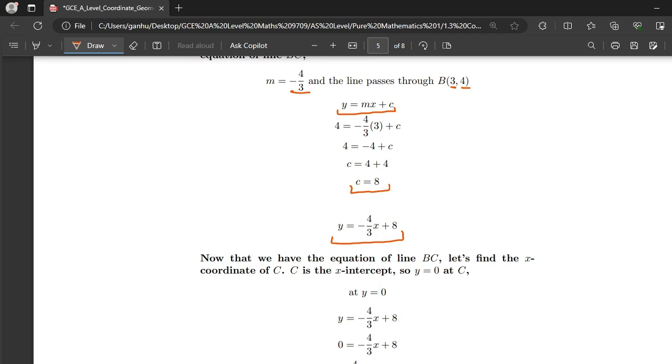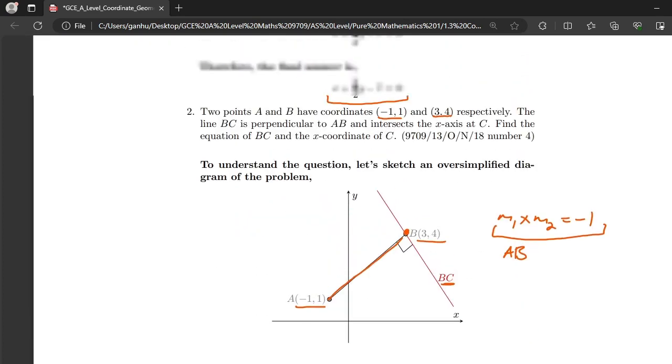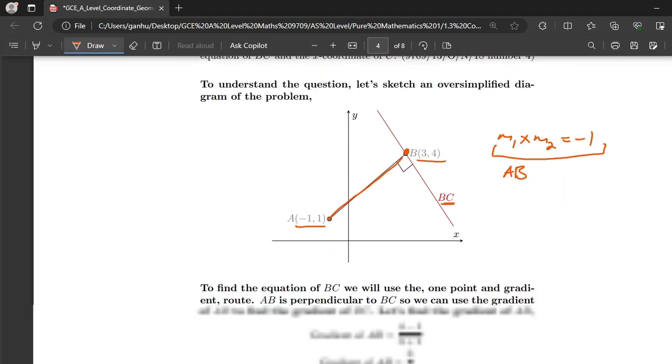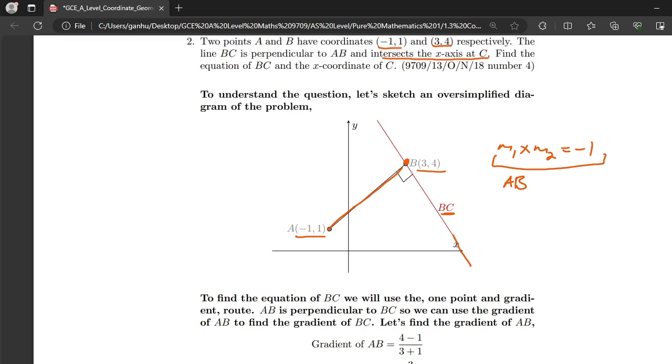Now the question also asks us to find the x coordinate of C. The question states find the equation of BC, which we've done, and the x coordinate of C. It says that the line BC is perpendicular to AB and intersects the x-axis at C. So if we extend this diagram, C would be this point where our line BC intersects the x-axis.